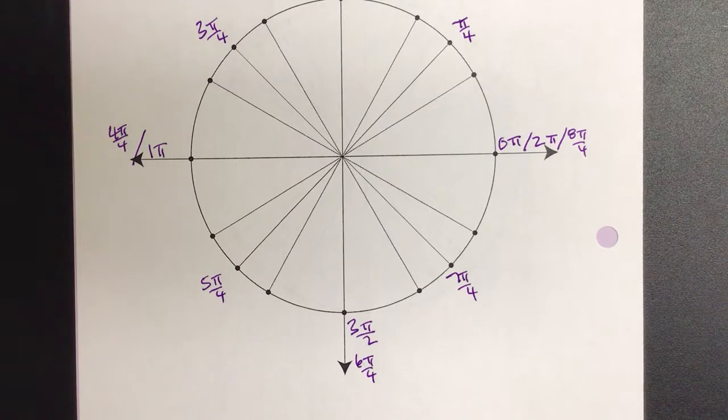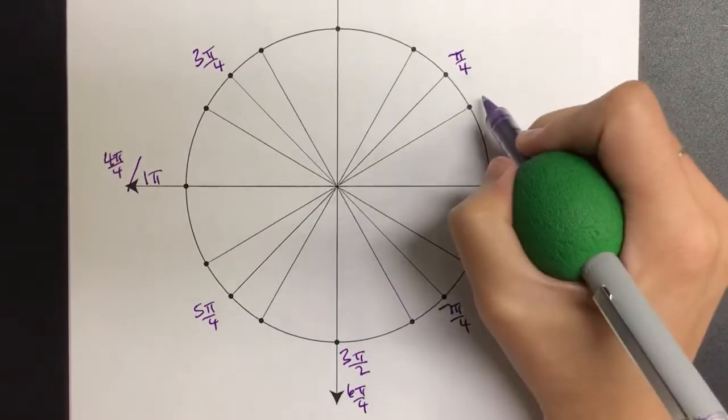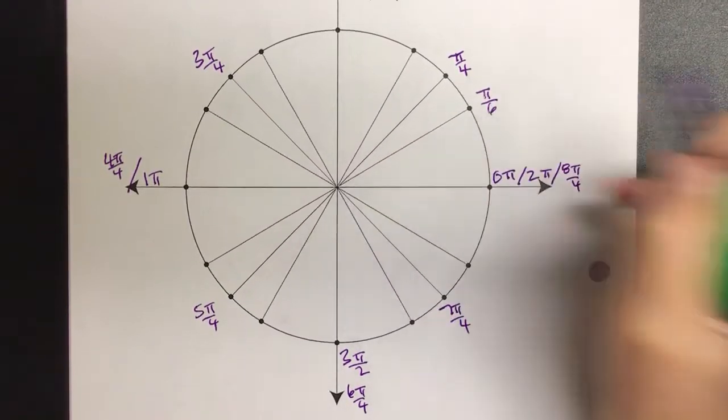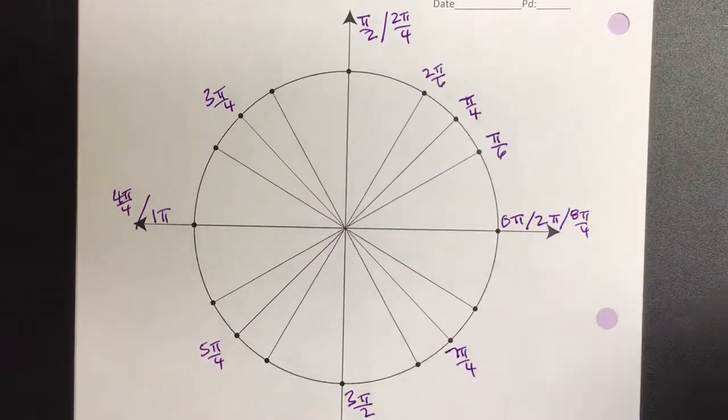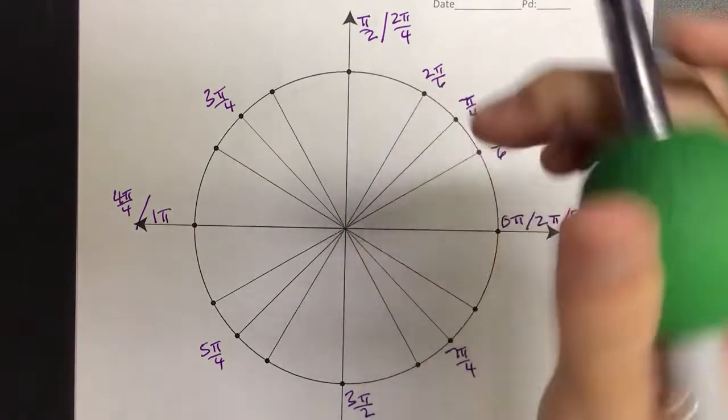Now let's do our 30 degrees. What was 30 degrees represented in radian? Pi over 6. So let's go to pi over 6 here. Pi over 6. My next 30 degrees is 2 pi over 6. If it bothers you that it's not simplified, you may write out 1 pi over 3. Okay? I'm okay with this. So we have pi over 6, 2 pi over 6.